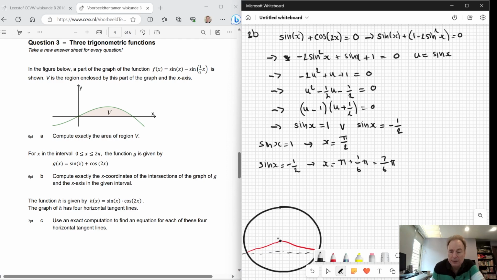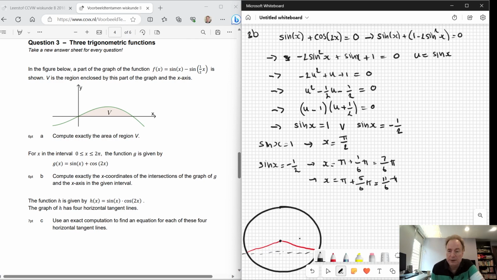And this one is x is pi plus 5 over 6 pi, which is 11 over 6 pi.